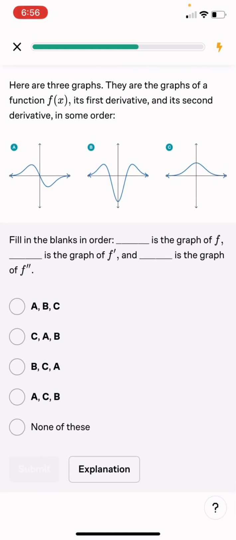B, C. I feel like B would be considered the first, but A seems like a good one too. I may think C, A.